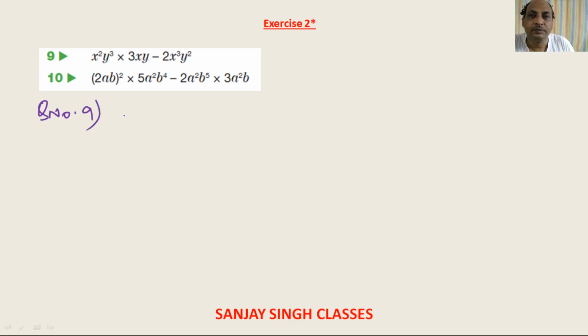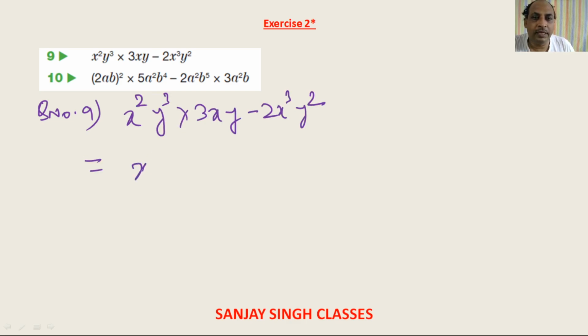Nine, x square y cube into 3xy minus 2x cube y square. Let me write coefficients first. So here coefficient is 1 only in this one.